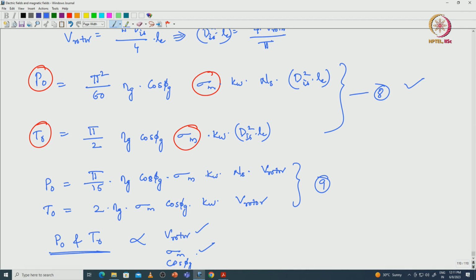But the main point now is how to decouple the D square Le product. At the end we will get D square L equals some value. So, how to decouple the inner diameter of the stator and the length of the core?